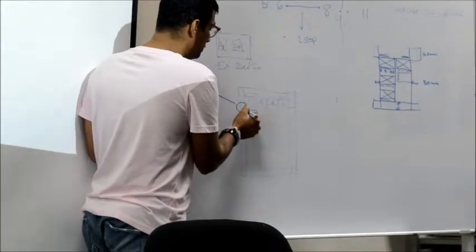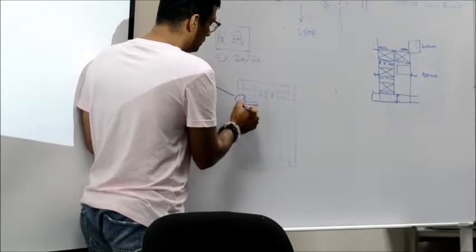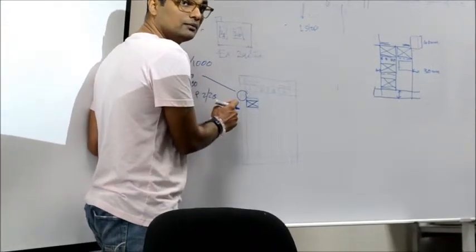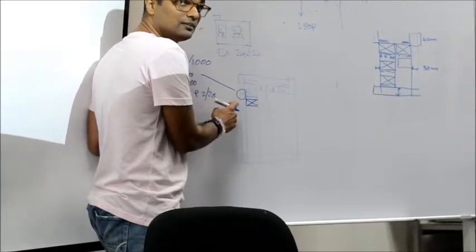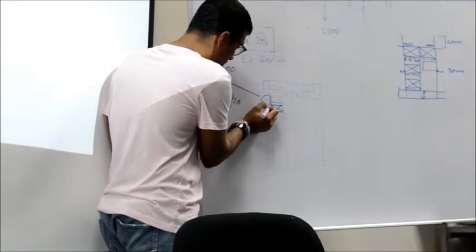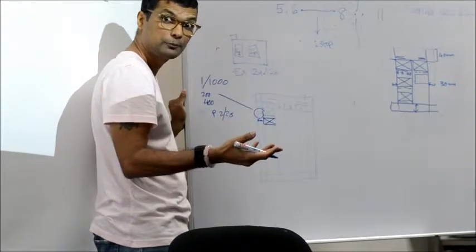The next picture, what would the shutter speed be? 500. It will be 500 because that's the next stop.